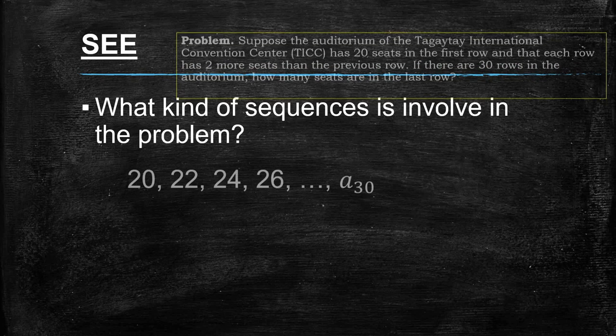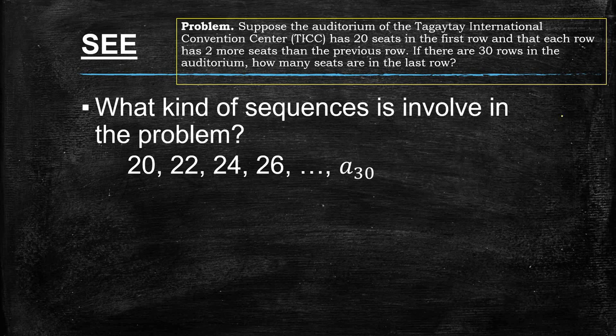So, if you're going to check the problem kanina, sinasabi dito, we're talking about the number of seats per row and the total number of rows sa ating auditorium. So, if you're going to check here, stated here that meron tayong 20 seats sa unang row ng auditorium.